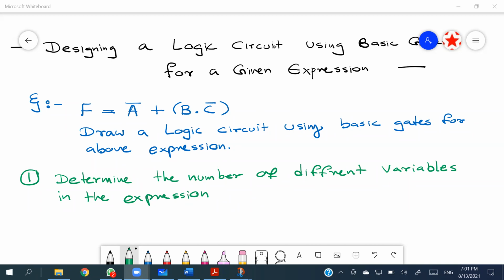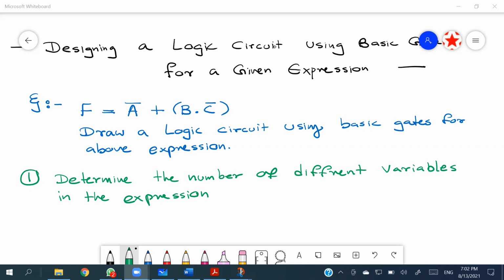There are 3 different variables. It doesn't matter whether they are in the A bar form or in the A form. Whether it is A bar or A, it is going to indicate one particular variable, A. Then here you got A bar, B and C bar. So there are 3 different letters, that means 3 different variables.